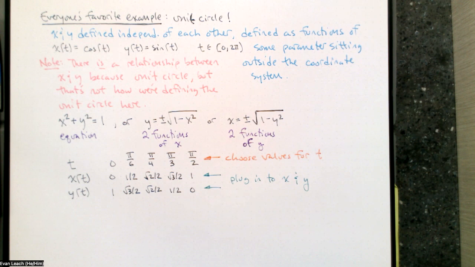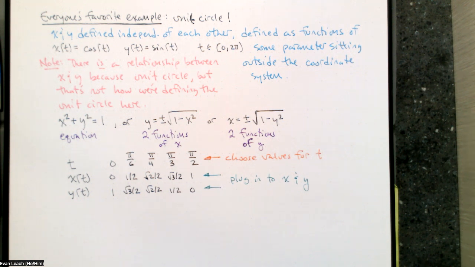This is standard operating procedure from when we first learned how to graph equations. When we first learned graphing functions, we had y equals some function of x. We chose values of x and plugged them in to find y. Here, we're just choosing values of t, plugging them in to find x and y.